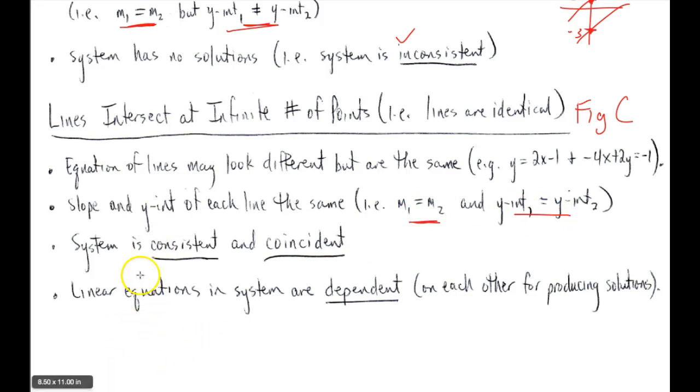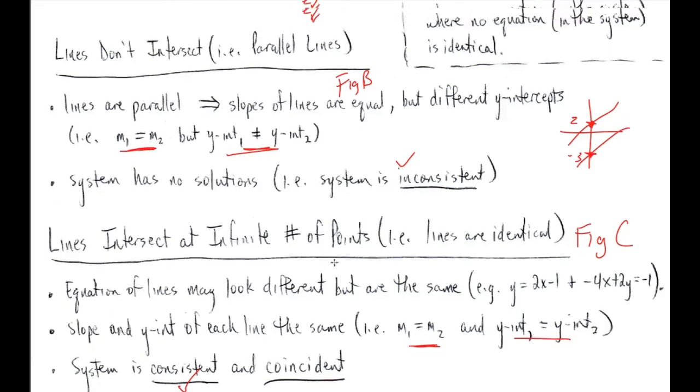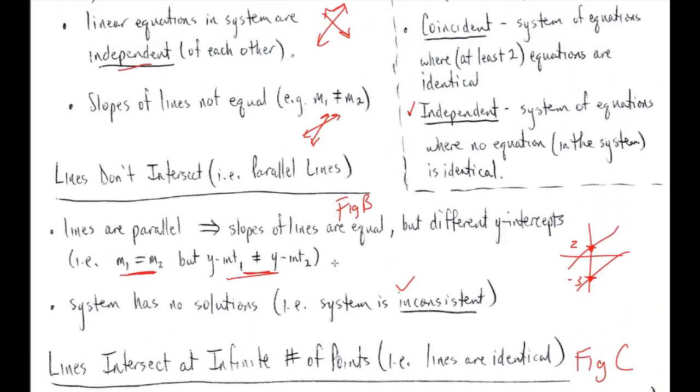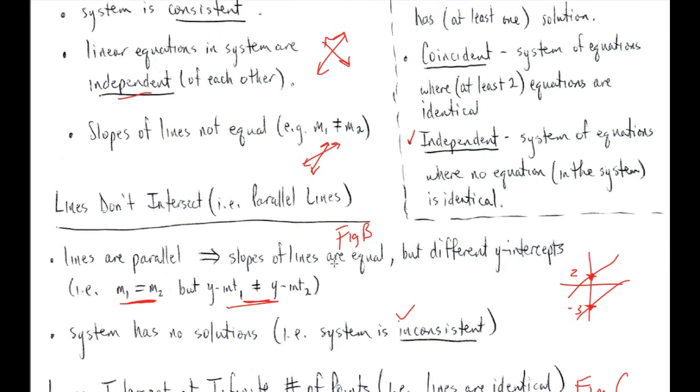We also know that in this case the system is consistent, meaning that it has at least one solution, and coincident system is also that. And if you see from up here, coincident basically means that there's at least two equations in the system that are identical to one another.